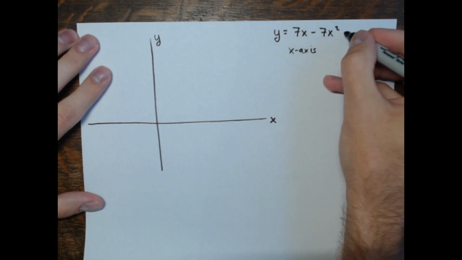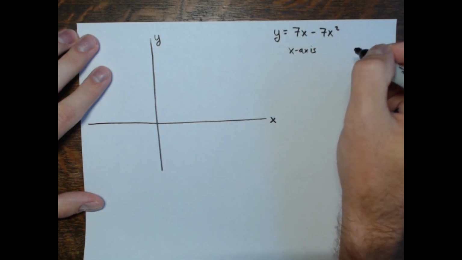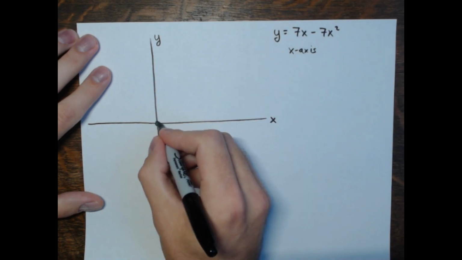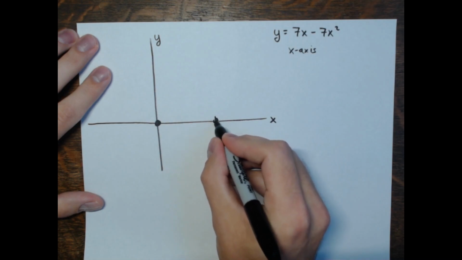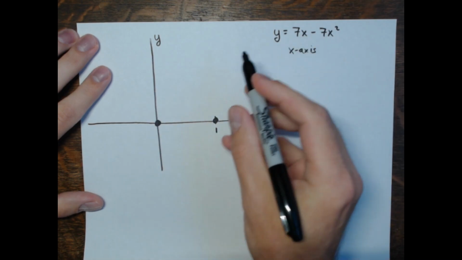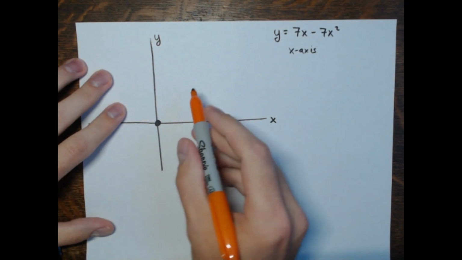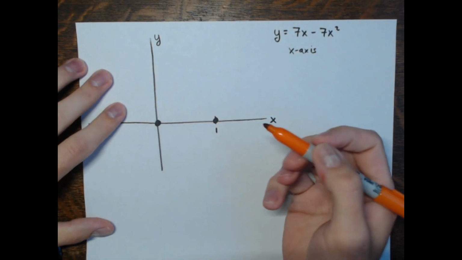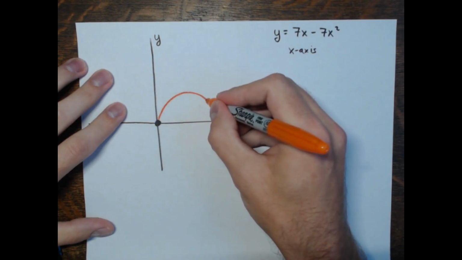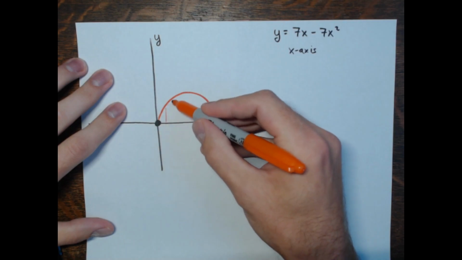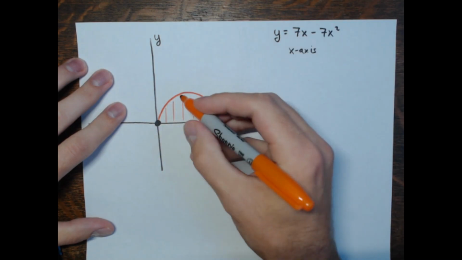If you were to factor this, it's 7x times 1 minus x, so it has 0 and 1 as x-intercepts, and it's a parabola opening down. The axis of symmetry for the parabola would be a half. So something like this. There's the region being talked about, that curve above, x-axis below.